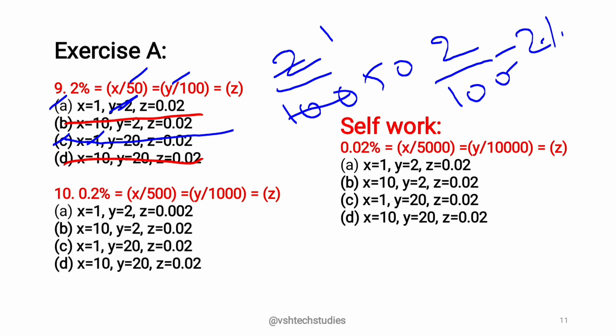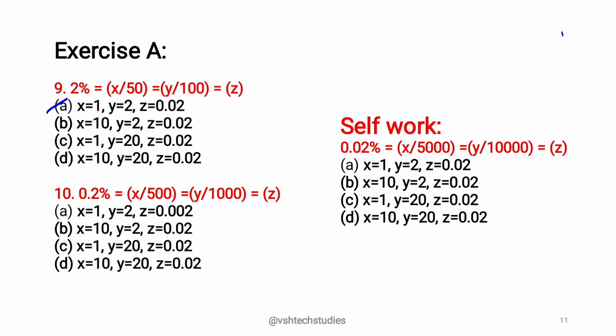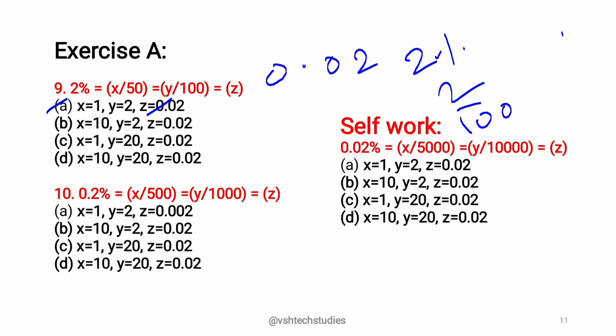So option C is also eliminated, and the only remaining correct one is A. We'll verify the z value. z given is 0.02 here. 2% means 2 upon 100. If you divide 2 by 100, we get 0.02 only. Hence option A is found to be correct.